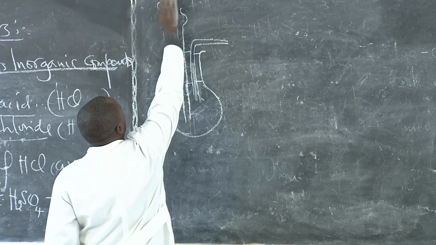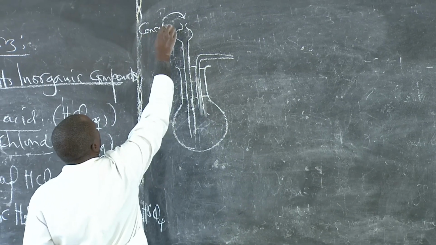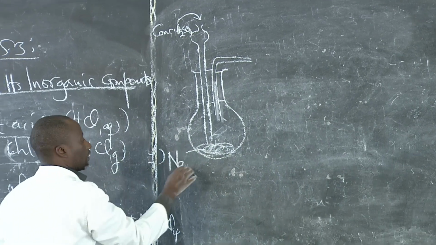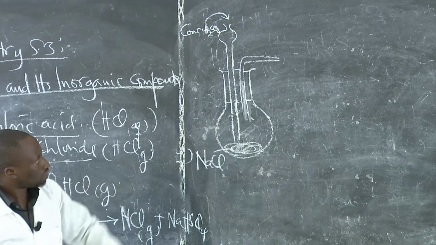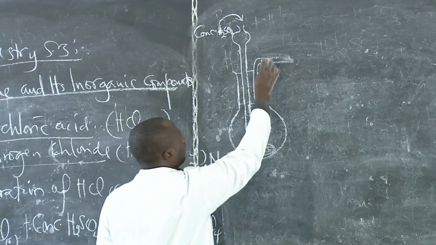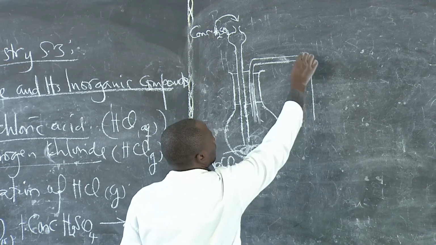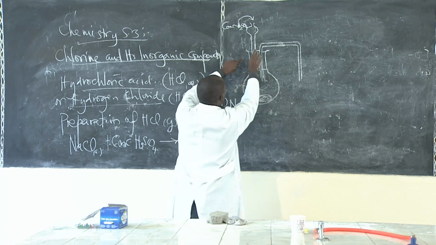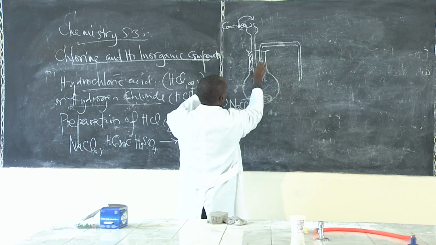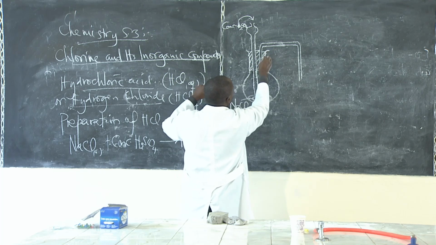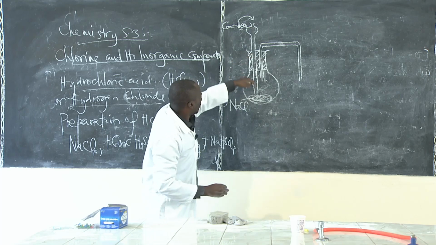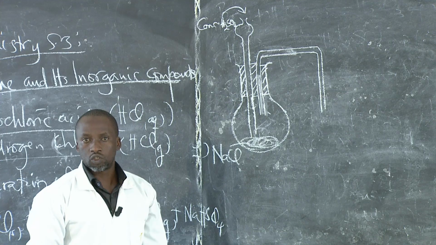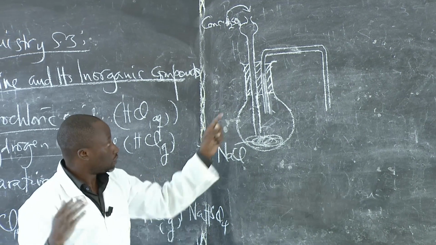So you have concentrated sulfuric acid, and here you have sodium chloride. The biggest problem that we usually see among the students is drawing this diagram and then leaving this flask open. This one must be closed, with the delivery tube that brings the acid and the delivery tube that takes the gas. That is the most important problem that we usually experience.